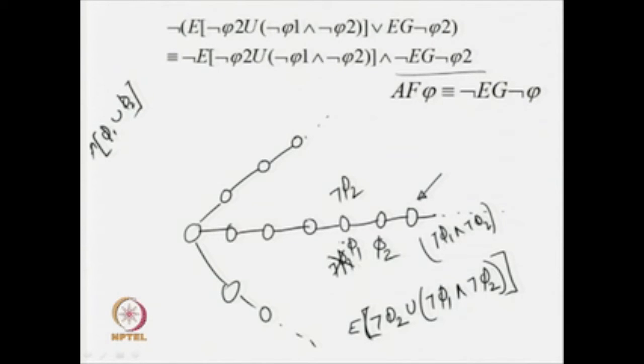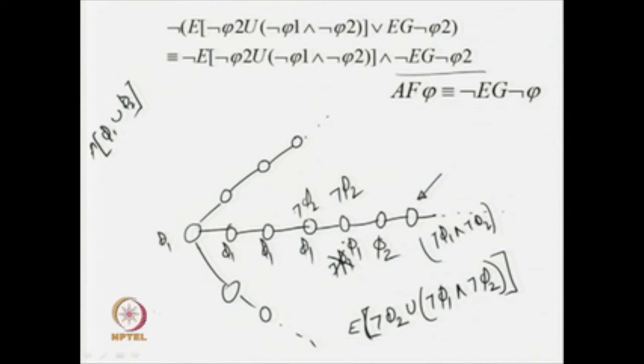So, phi 1 must be true at that point, because we need the negation of this particular formula to be true. With this same logic, if not of phi 2 is true over here, then we will find that phi 1 is true over here also, because we need this component to remain true. Okay. So, till this particular phi 2. In this way we will find that in all cases phi 1 will be true.